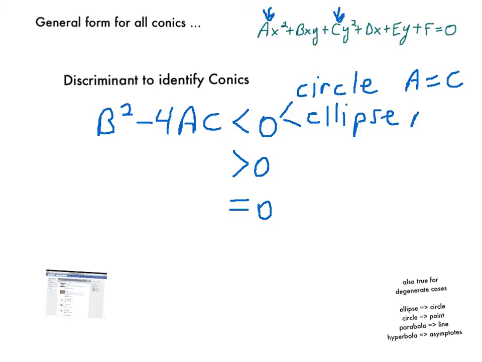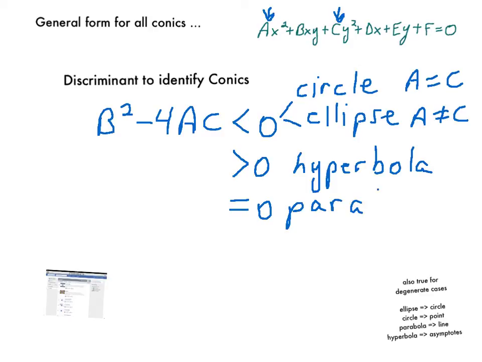And if they are different, we have an ellipse. And we've talked about that. If it's greater than 0, if it's positive, that means we have a hyperbola. And if it equals 0, we have the other bola, a parabola.